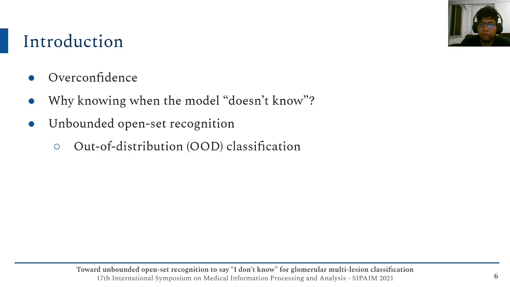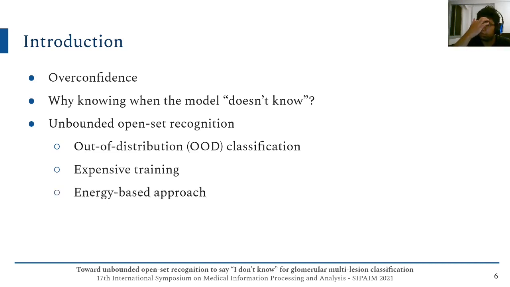If the model defines the input as in distribution, the multi-lesion glomerular classification can be performed. Since we cannot account for all unknown classes, a common approach is to train the model considering specific out-of-distribution classes, which can be expensive. That's why we adopted an energy-based approach to tackle this issue.